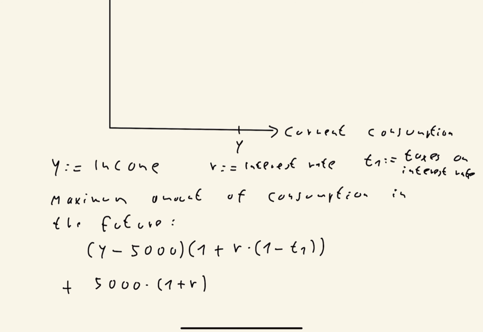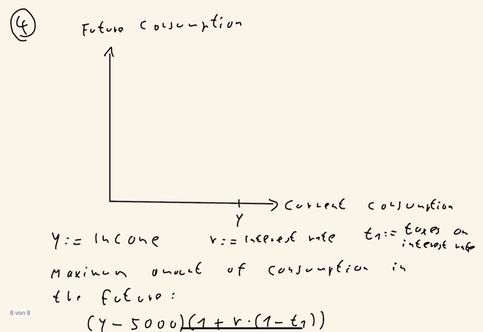For the first $5,000 that we save, we do not pay any taxes, so we get the full return on them. For Y minus 5,000, we only get the interest rate minus the taxes that we have to pay. So let me try to draw it here.